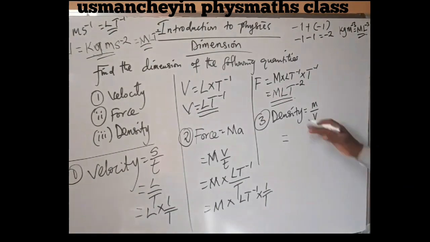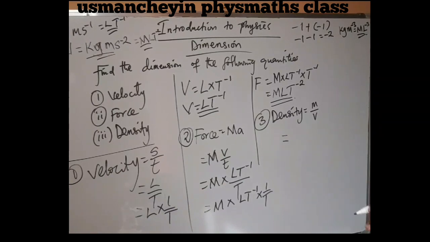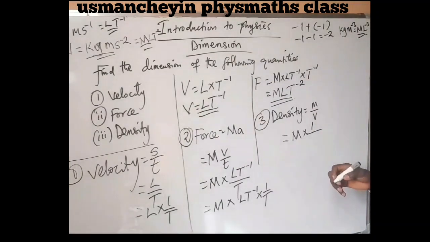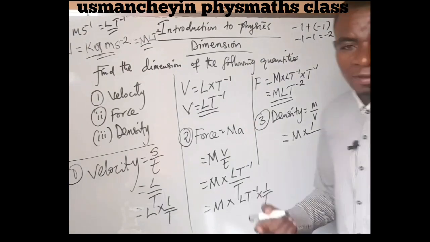But we want to use this method in looking for this dimension. The dimension of mass is capital M. We are done with that. So times 1 all over the dimension of volume. Volume is given by length times breadth times height.